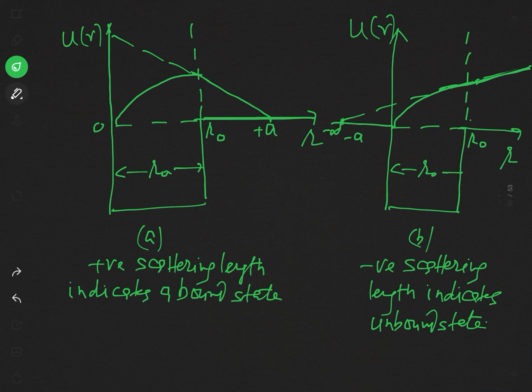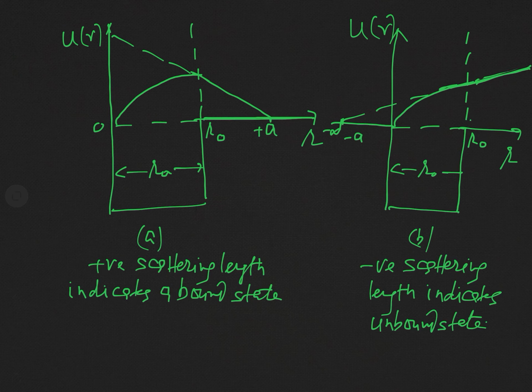So you can see in this case the decaying nature of the wave function in the region r greater than r naught. So the wave function for the bound state of the np system must curve towards the r axis.